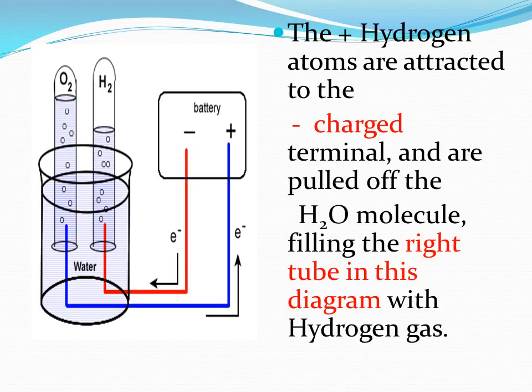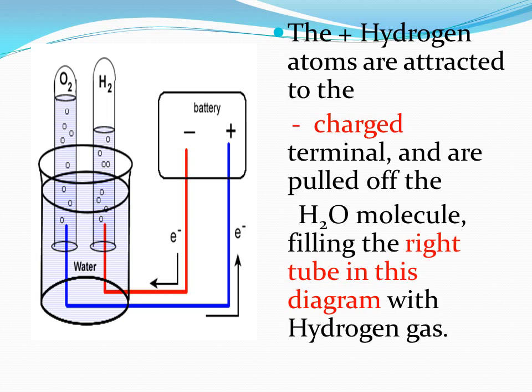Here we can see the hydrogen atoms are attracted to the negative terminal. Why? Because hydrogen has positive charge ions, and they are pulled off the water molecules, filling the right tube in this diagram with hydrogen gas.